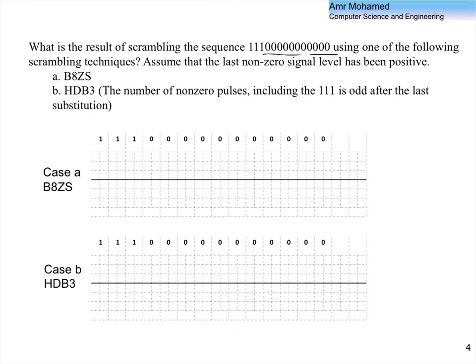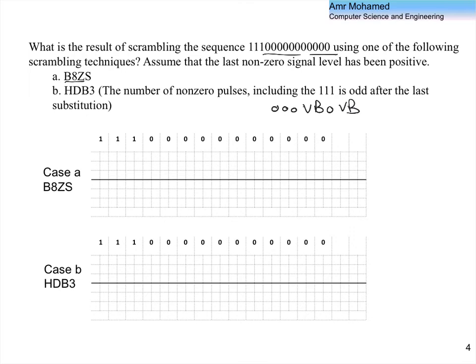The receiver needs to distinguish that this is not the proper sequence of AMI, this is actually AMI with scrambling. So we achieve that by introducing the concept of violation. Remember? We have to introduce the concept of violation. So for B8ZS, each 8 consecutive zeros are mapped into 0 0 0 V B 0 V B.